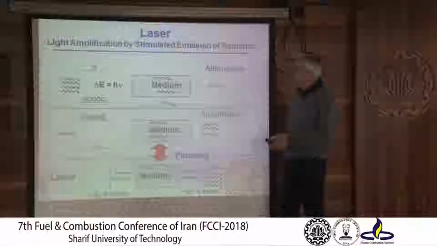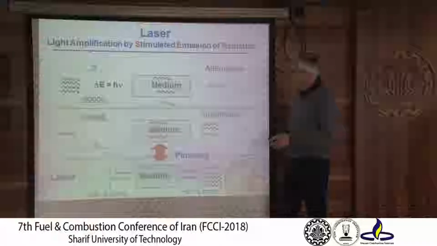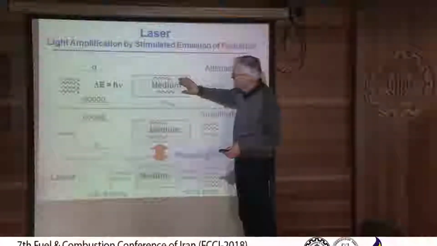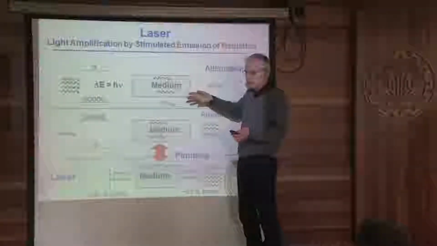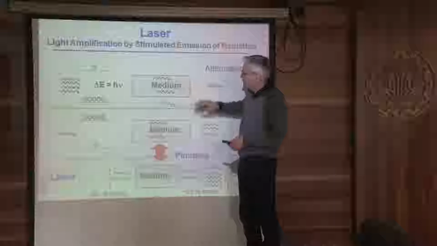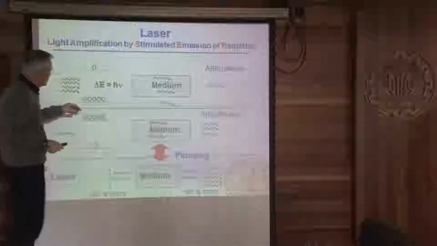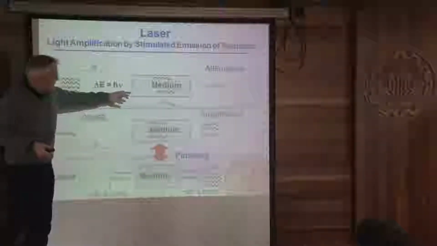It gave the Nobel Prize in the early 60s. And very, very briefly, if you have a medium, an ordinary medium, it could be a solid medium, it could be a gas, it could be a liquid. And then we have a system, for example, a gas.